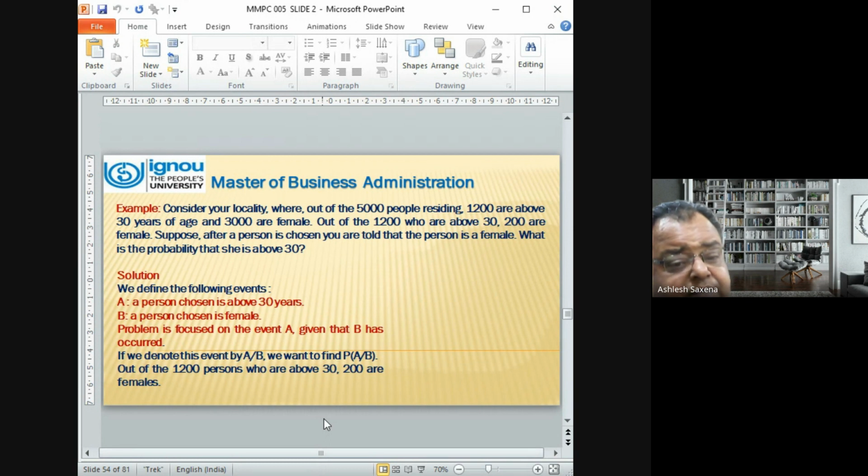Out of 1200 persons who are above 30, 200 are female. प्रॉब्लम में लिखा हुआ है.